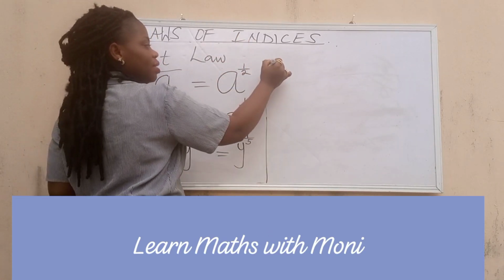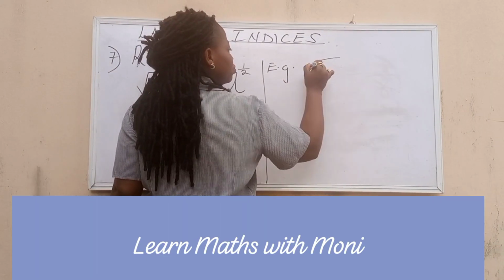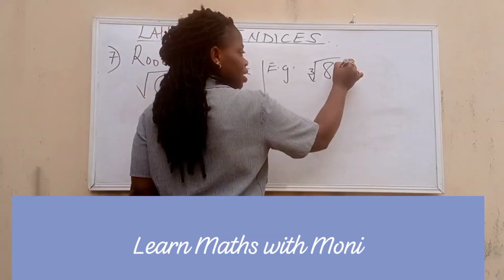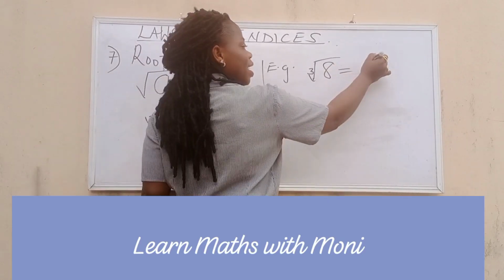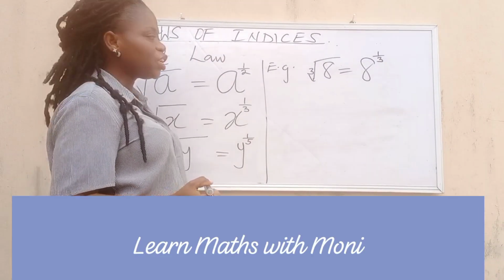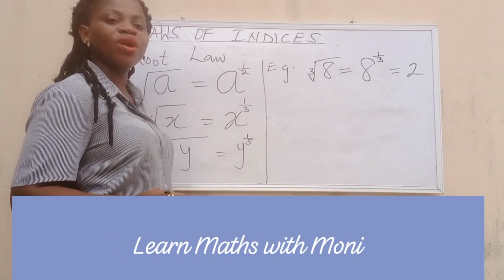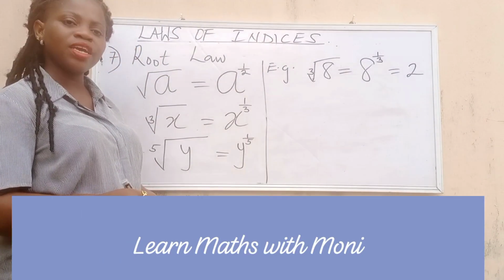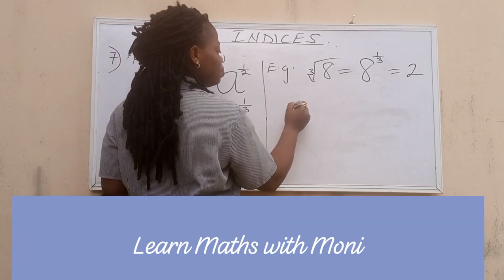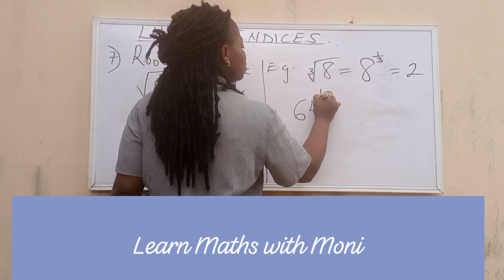Numerical examples are when I have cube root of 8. Cube root of 8 can be written as 8 raised to power 1 over 3. And as you know, the cube root of 8 is 2. So 8 raised to power 1 over 3 is actually equal to 2, the cube root of 8.